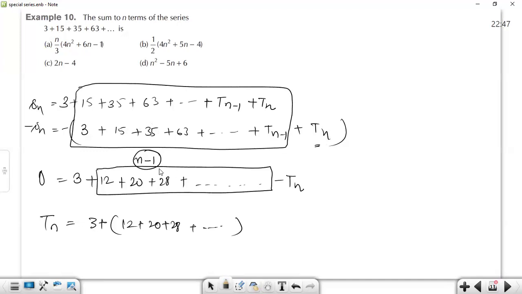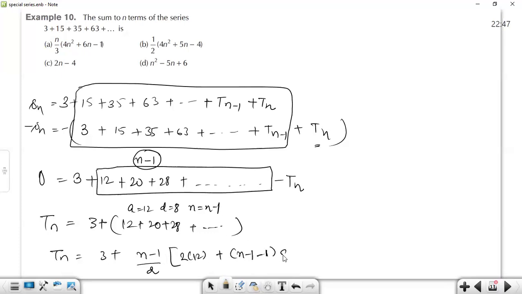So this is an AP with a as 12, difference of 8, and number of terms n minus 1. Let's find the sum using the sum of n terms of AP formula: n minus 1 divided by 2, into 2a, 2 into 12, plus n minus 1 minus 1 into d, which is 8.